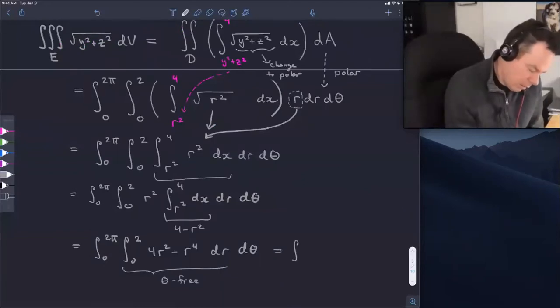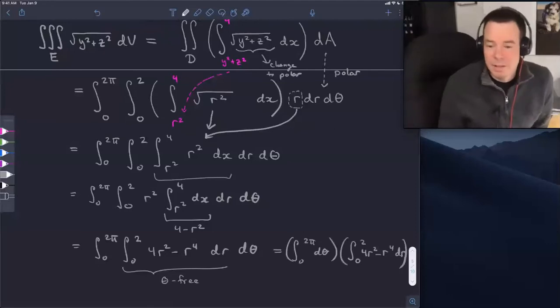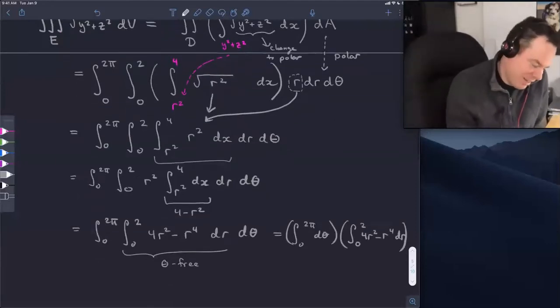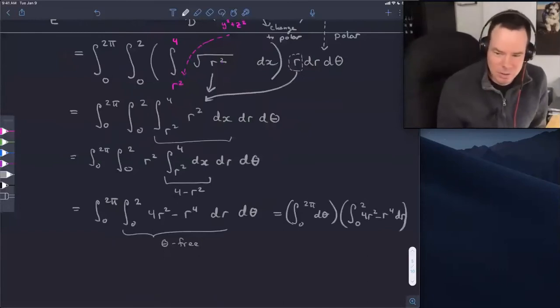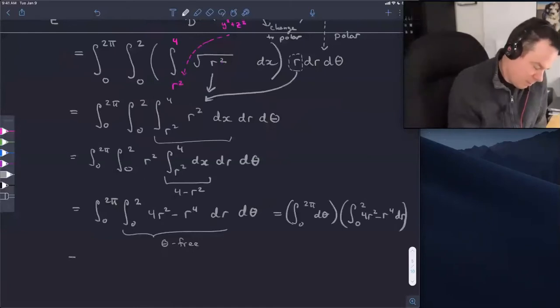So we can do that theta integral as a separate integral from the r integral. I really haven't done any integrals yet, any antiderivatives. I'm just noticing that things are constant. And so the theta integral becomes 2 pi.